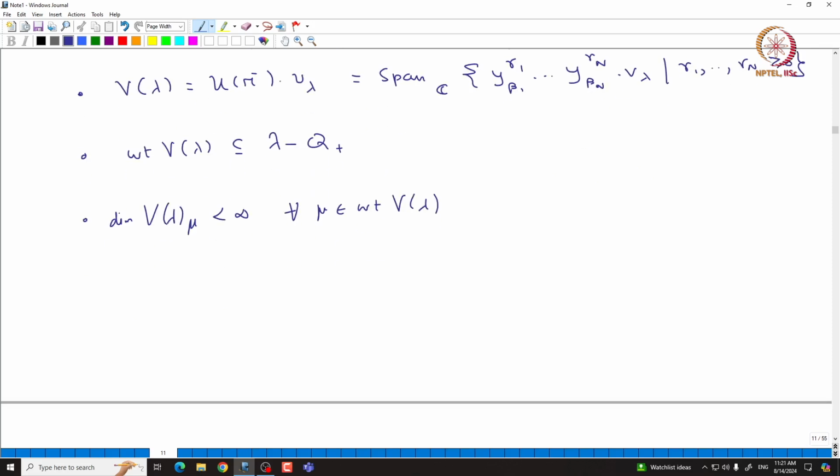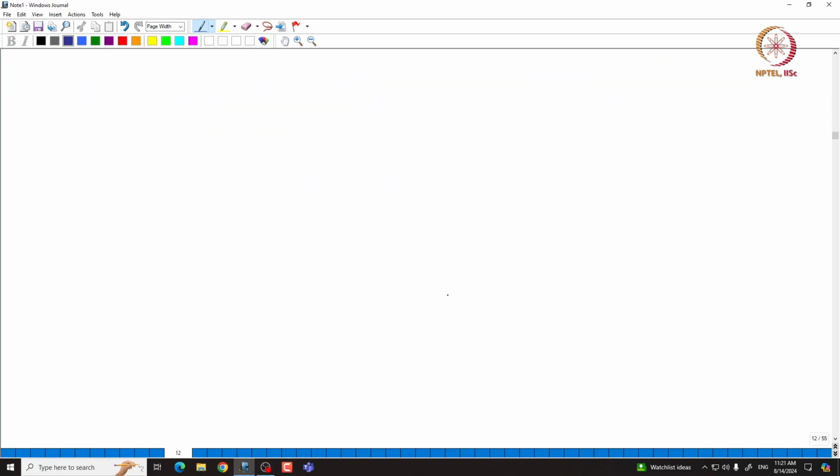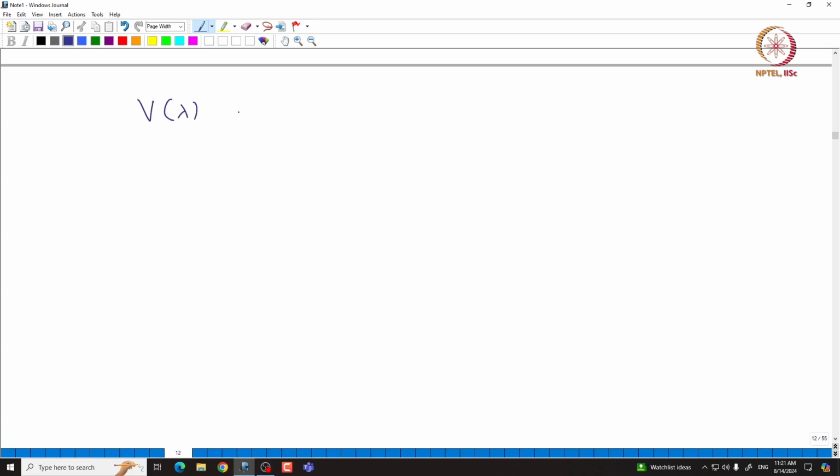So, now we make further observations for these modules when they are finite dimensional. Let us start with lambda in H star and suppose V lambda is a finite dimensional module.